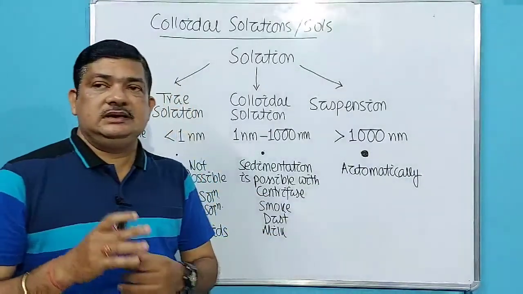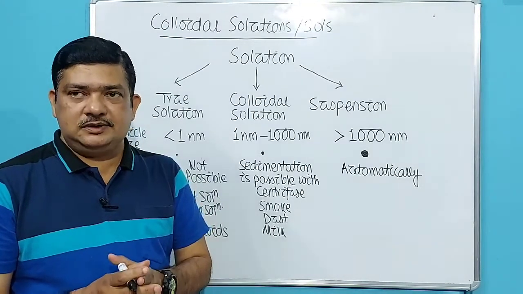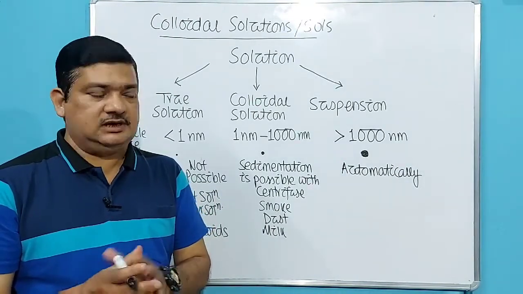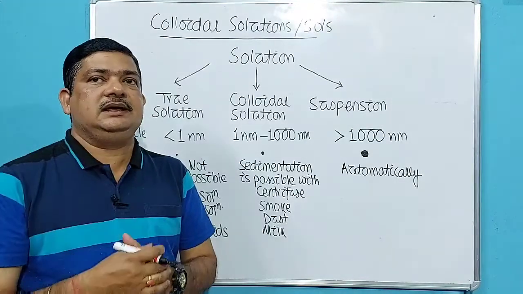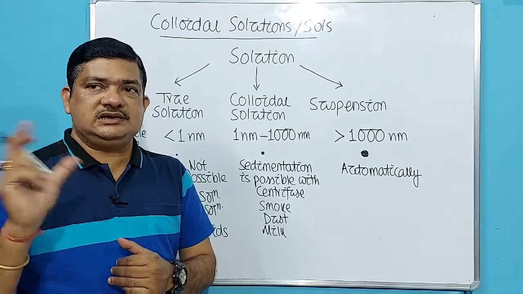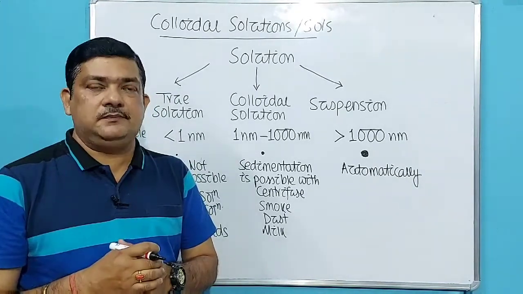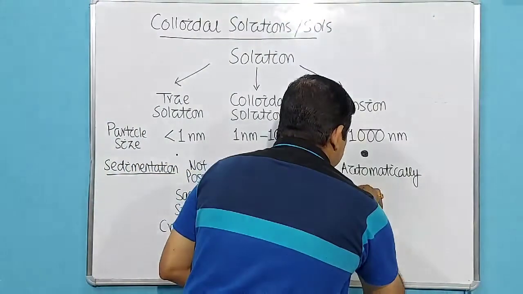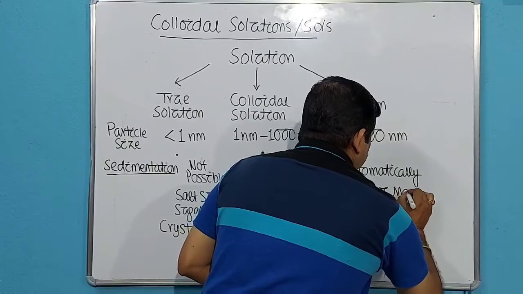Then suspension. You must be using antacid liquids, heavily, I know that. Have you ever seen that when you take antacid, it is always told to shake well before use? Why? Because it is a suspension. Milk of magnesia is an example of suspension.